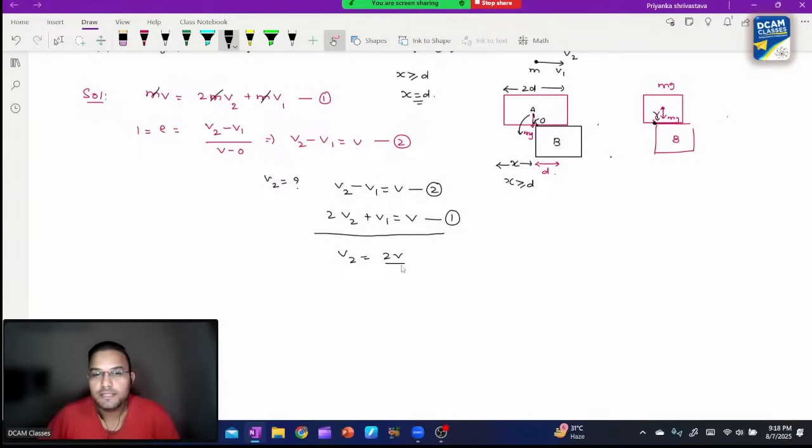V2 is equal to 2v by 3. V1 is equal to minus v by 3.